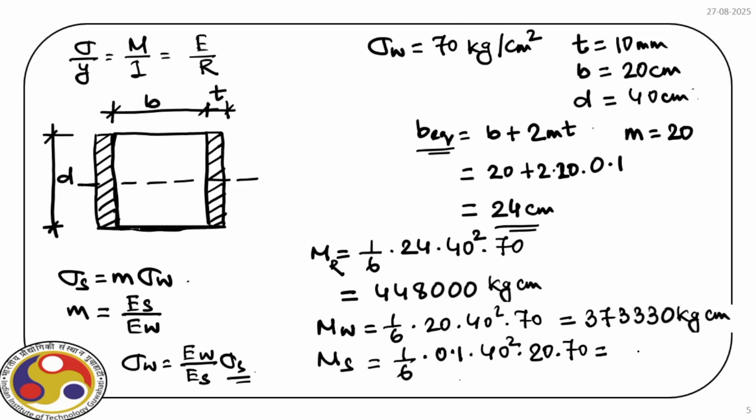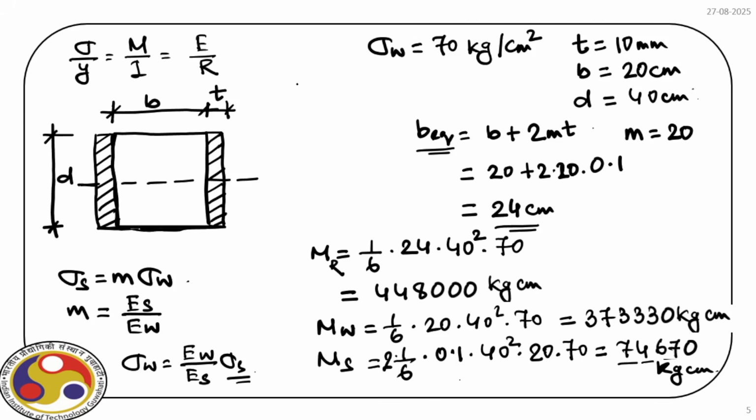Now this is in kg centimeter. We actually have a factor 2 here because we have 2 steel plates, and for both of them the combined moment of resistance is 74.67. So if we add these two, we get the total moment of resistance of the cross section.